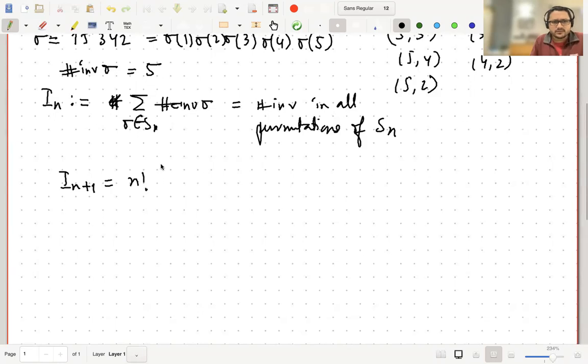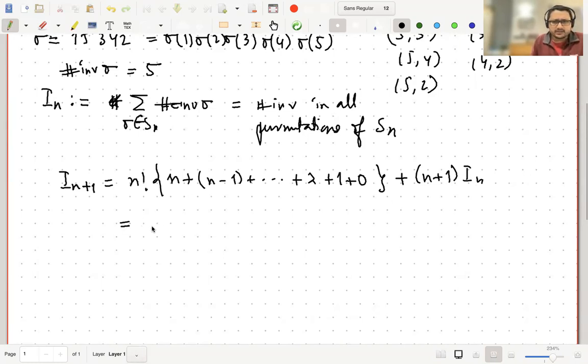This is the formula for the number of inversions on n plus 1 letters: n plus n minus 1 up to 2 plus 1 plus 0, plus n plus 1 times I_n. If I write it in a more compact manner, I get (n plus 1) I_n plus n factorial times (n plus 1 choose 2). Okay, so this is the more compact notation.